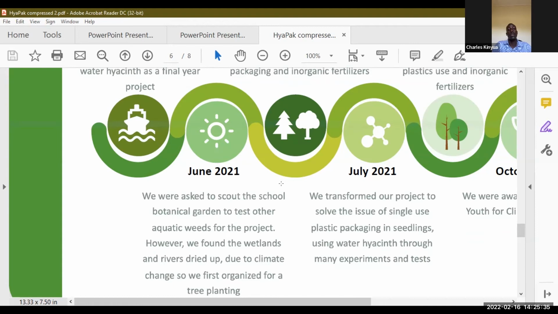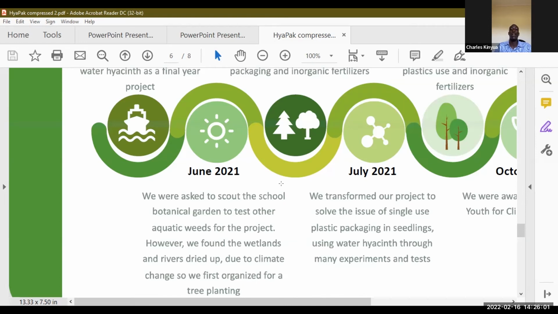We really wanted to come up with our ideas, and we went to our lecturers, who told us there is no need of going to Lake Naivasha to extract the water hyacinth, come back to school and later work on it. Why can't you also try to use other aquatic weeds? So we carried some water hyacinth from Lake Naivasha, came back, and were researching other aquatic weeds.